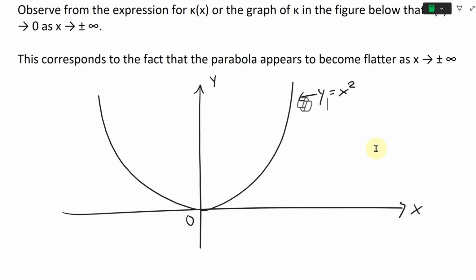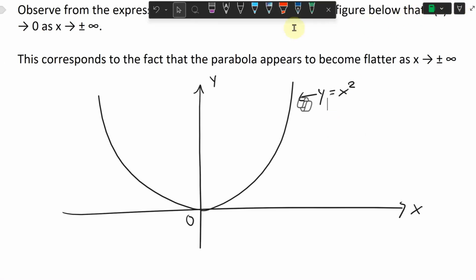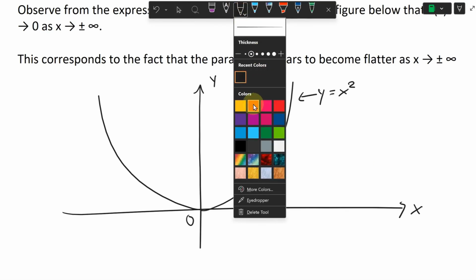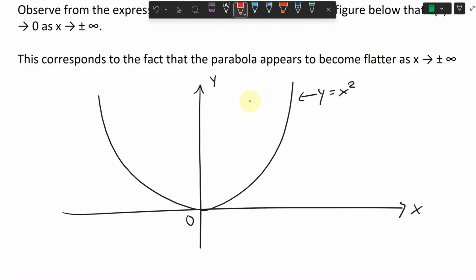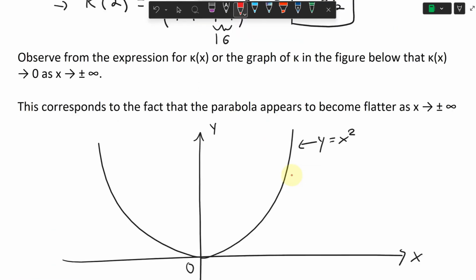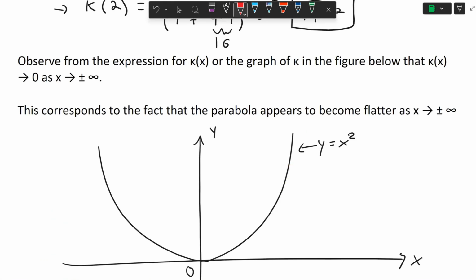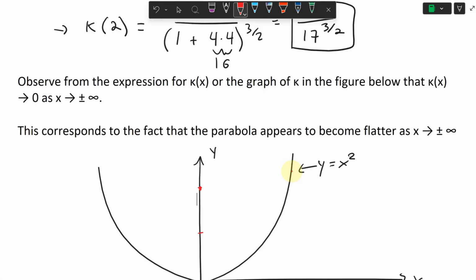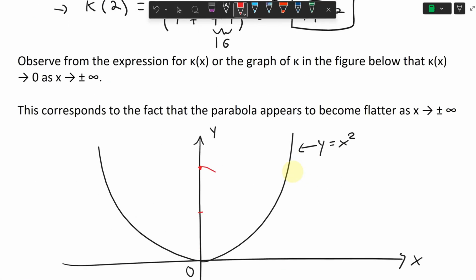Now if we draw the other graph, I'll do this in red. Remember here it's at 0 at the origin, it's 2. So for the curvature, it's going to go at 2. So this is at point 2, and then as you go to infinity, it just smooths out.